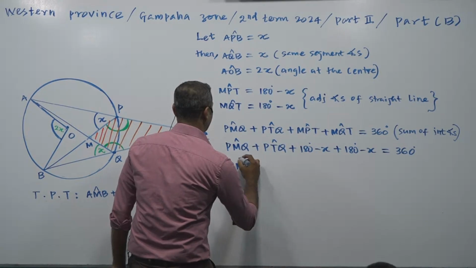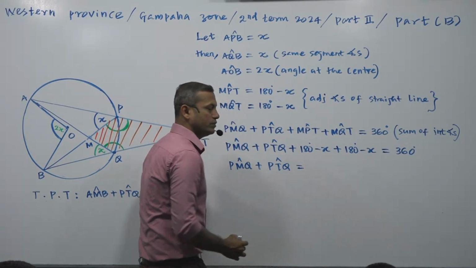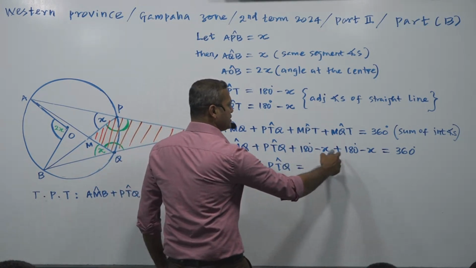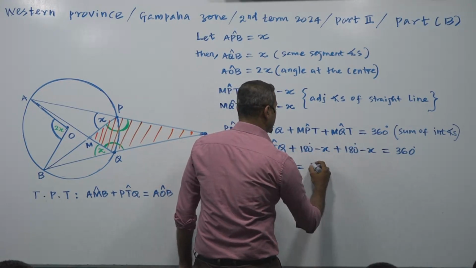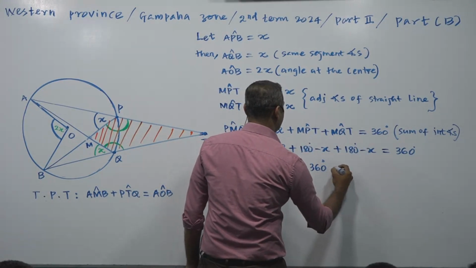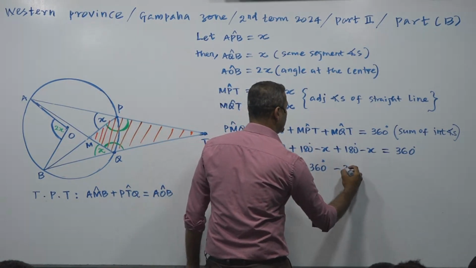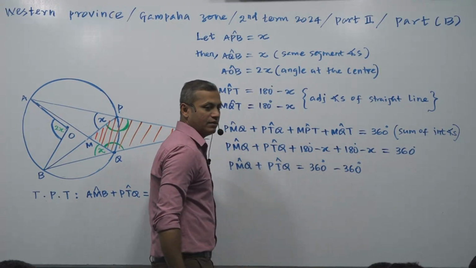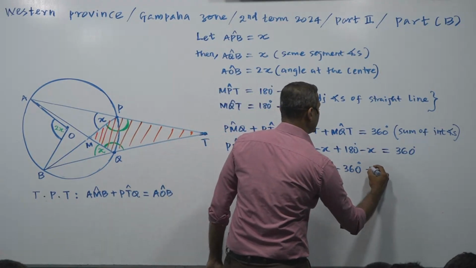PMQ plus PTQ is equal to, take these terms to the other side, 180 plus 180, 360, you can subtract that. 360 is there already, so minus 360, minus x, minus 2x becomes plus 2x.